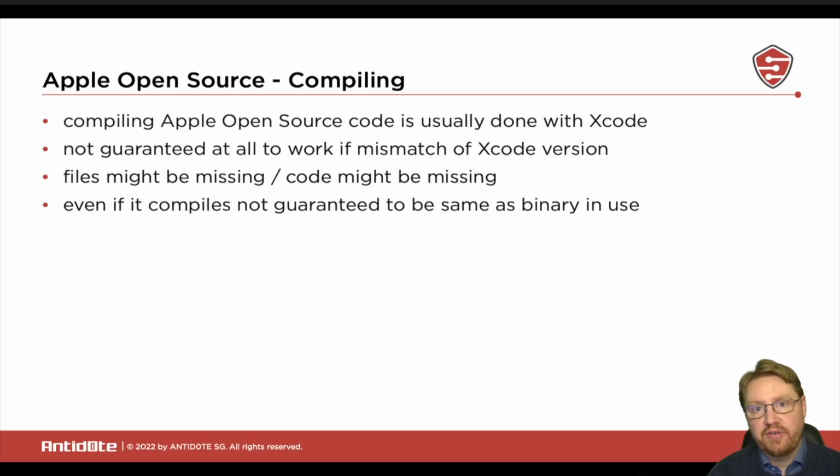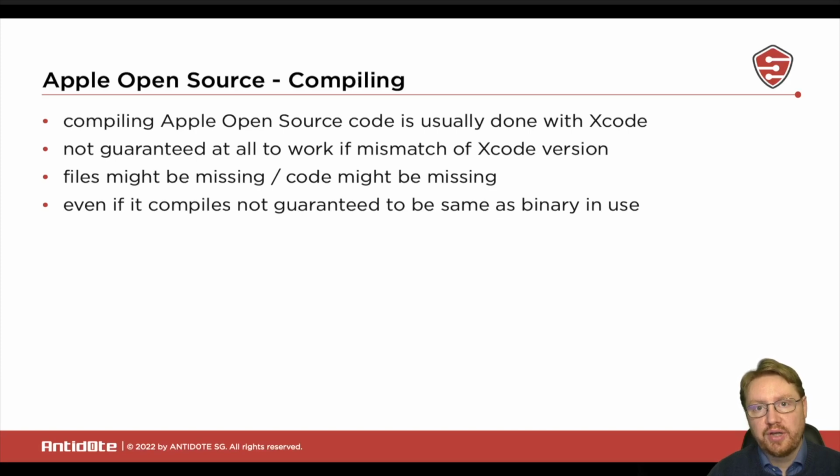So there's stuff like xcodebuild, or you just open the project in Xcode, and then you can build the project or the program that you want from a specific project. The thing is, it's not guaranteed to work at all, especially not if the Xcode you're using is not matching the Xcode that was available around the time when this code was originally compiled.